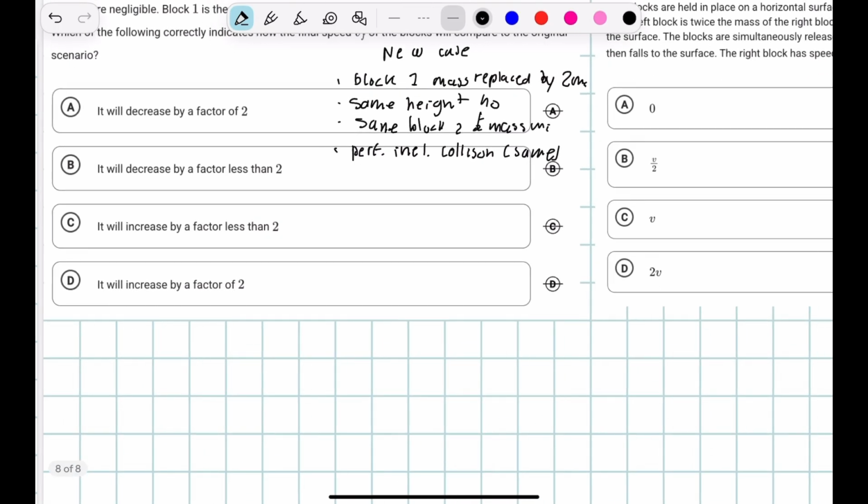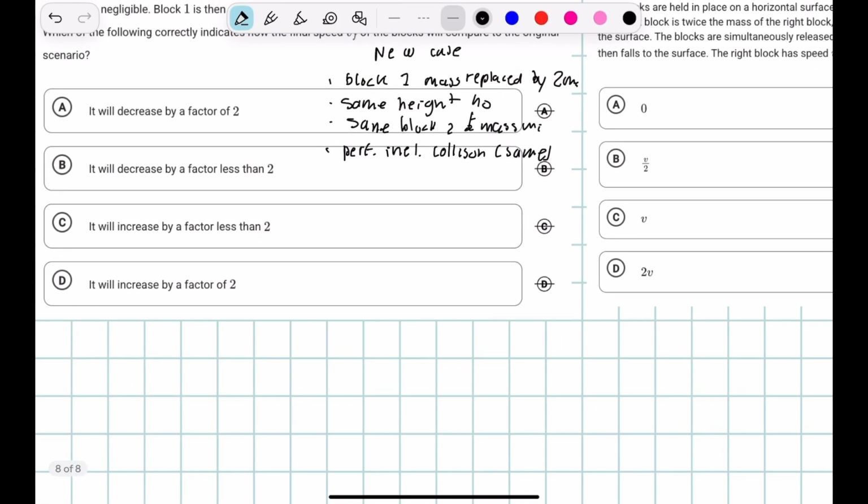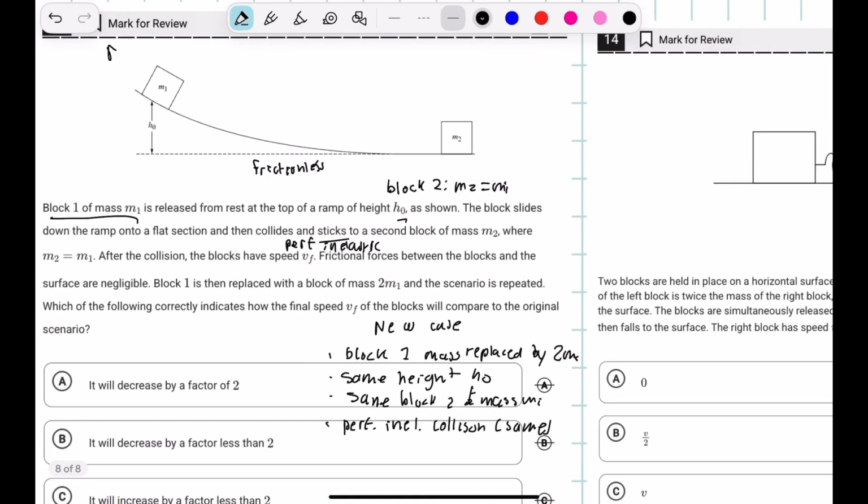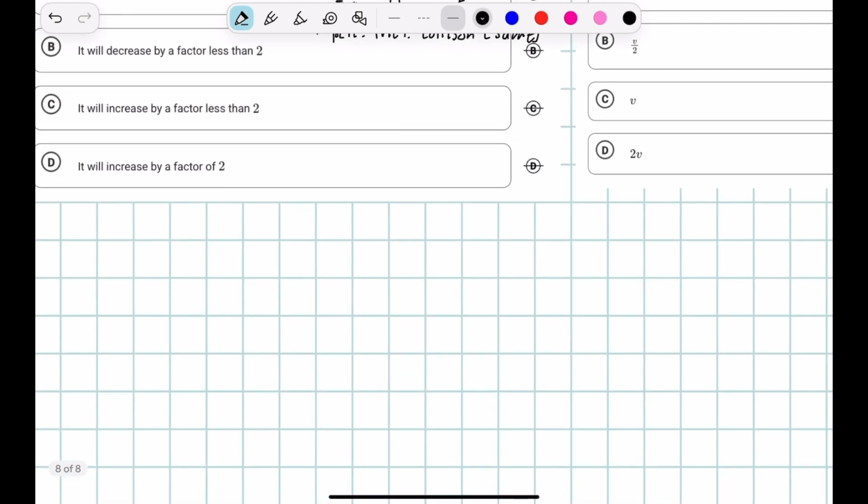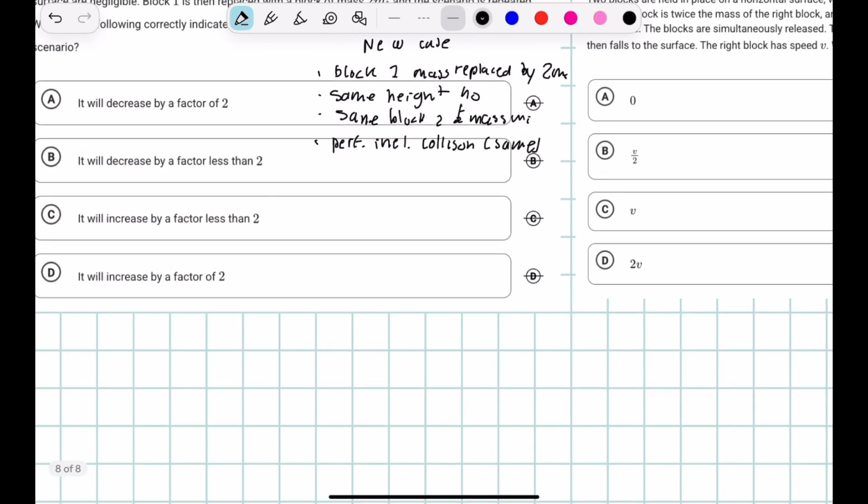So how does this change? We know up here potential energy, down here we have kinetic energy, and we want to know what the difference is. So we have to find the speed at the bottom of the ramp. We can use energy conservation because there are no external forces, right?